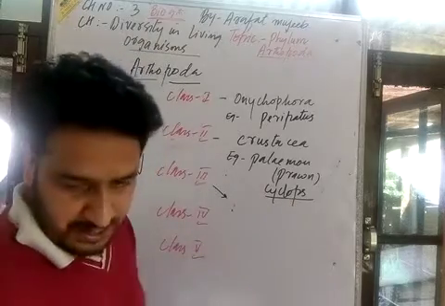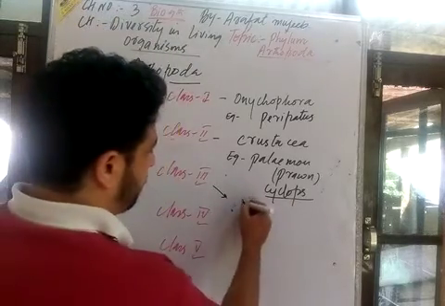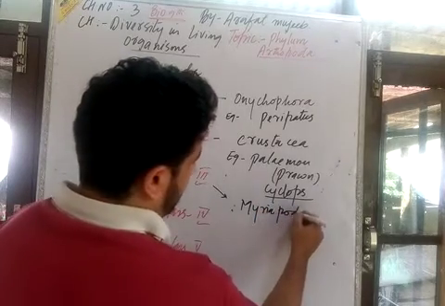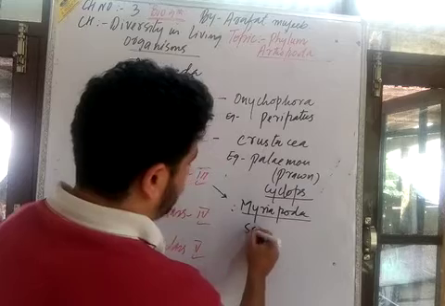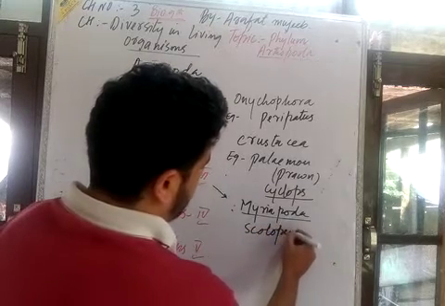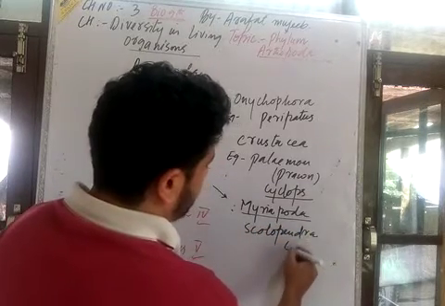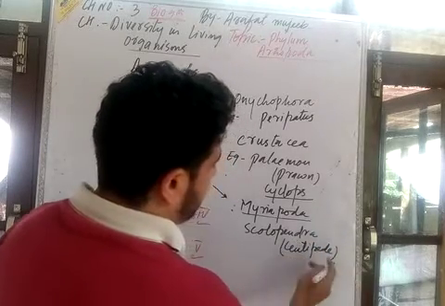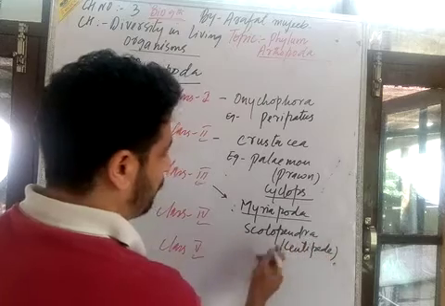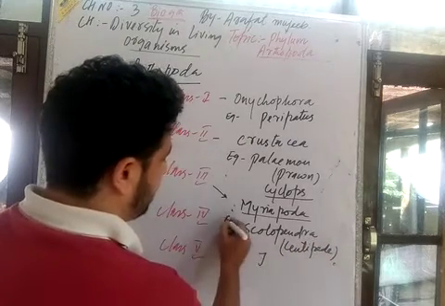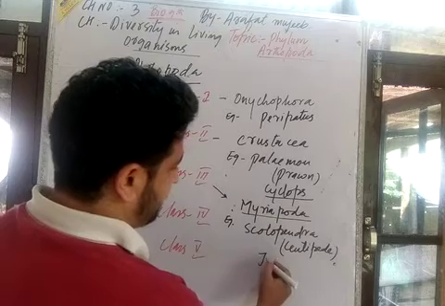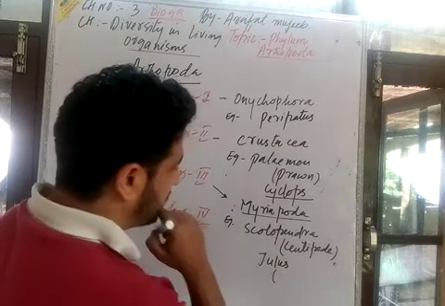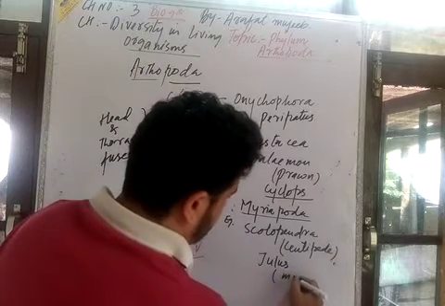Class third में आता है Myriapoda. इनमें आता है Scolopendra, जिसको हम कहते हैं centipede. They have 100 legs. And the second example in this class is Julus, that is known as the millipede.